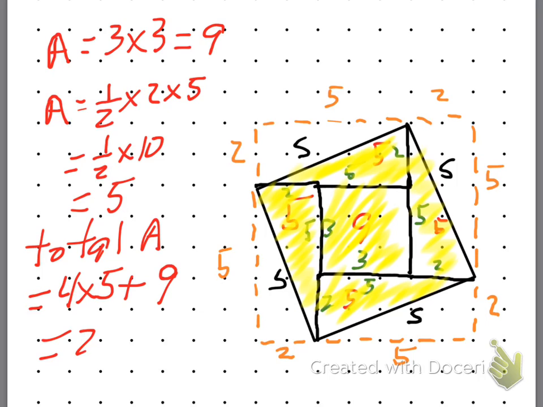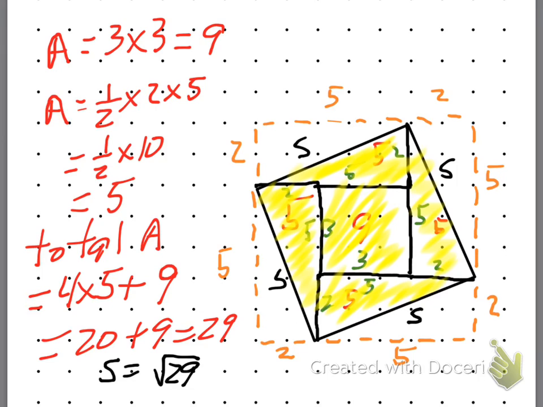And so the total area is 29. 20 plus 9. Since the area of the square is 29, the side length is the number that I square to get 29. And so in this case, square root of 29.